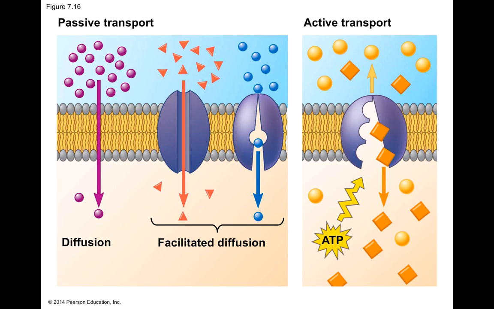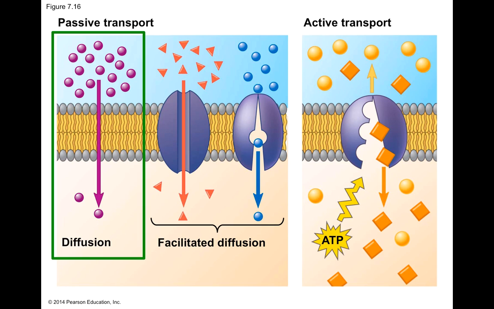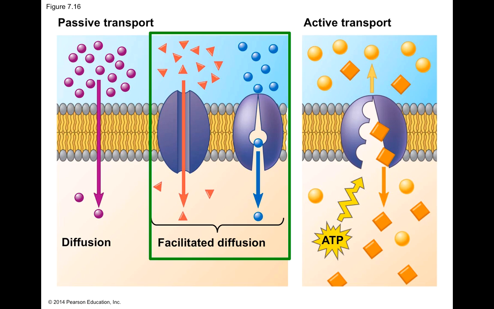So here's where we are at this point. Diffusion is for hydrophobic or very small uncharged polar molecules. These molecules can pass right through the cell membrane. If the molecule is charged or hydrophilic, it cannot cross the membrane without assistance. This is where transport proteins come in, which can either be channels or carriers.